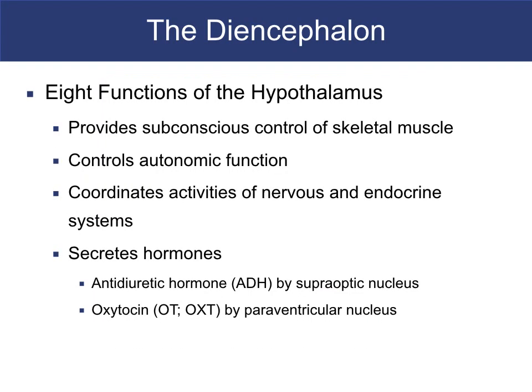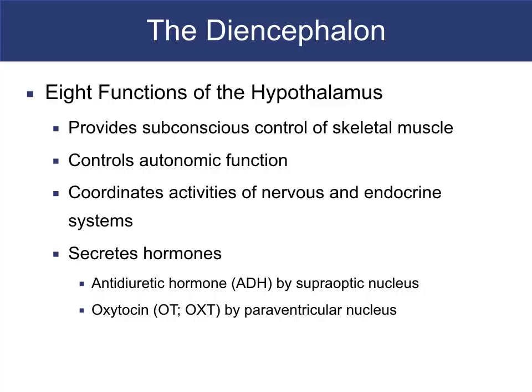The hypothalamus, I've told you, is very important in the association of the nervous system, which is kind of the quick reflex system of our body, and the endocrine system, as it illustrates right here. The hypothalamus also controls a lot of the autonomic functions.